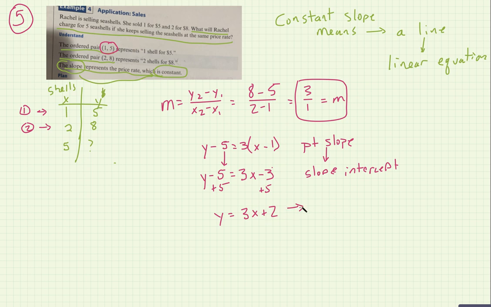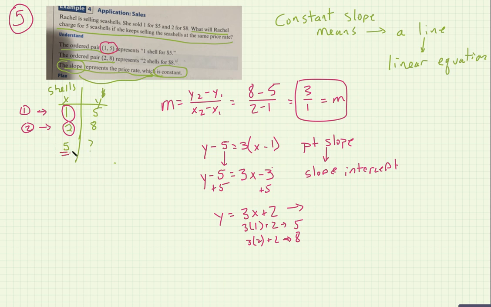And this tells me for every x value, I can easily find a y value. If I have one shell, I put a 1 in here, and I get 3 times 1 plus 2 equals 5. If I have a 2 in here, I can say 3 times 2 plus 2 equals 8.